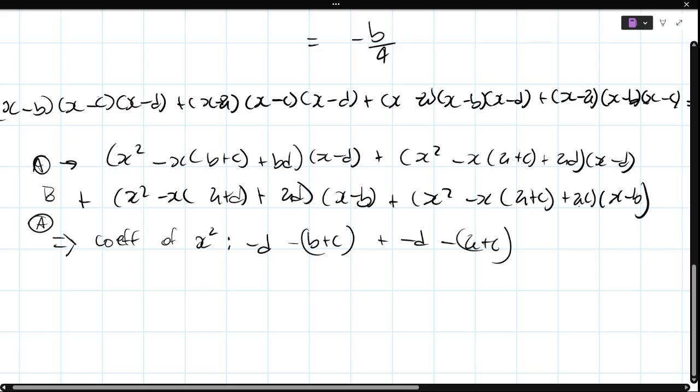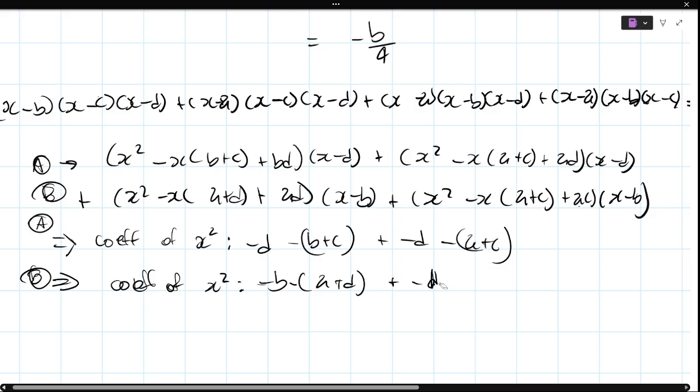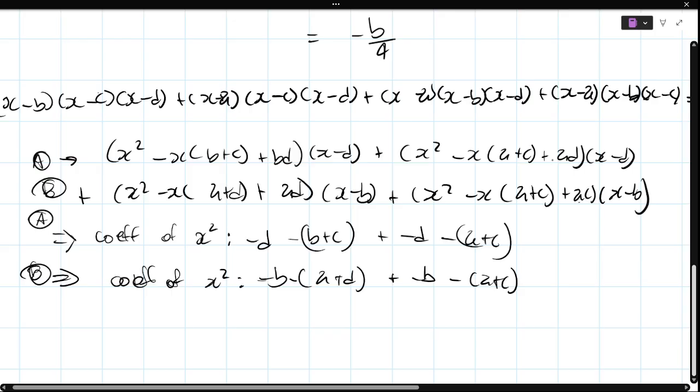And then from my second line, I can multiply this with this, so I have minus b, a plus d, minus a plus d, plus minus b, minus a plus c. Okay, interesting. I have two a plus c's. I don't think it should be a problem.